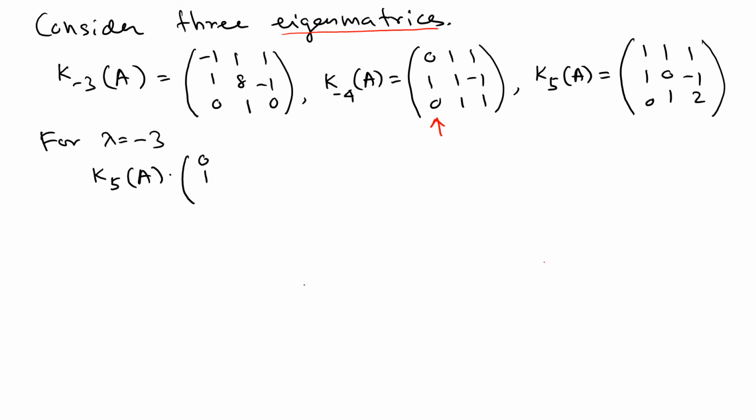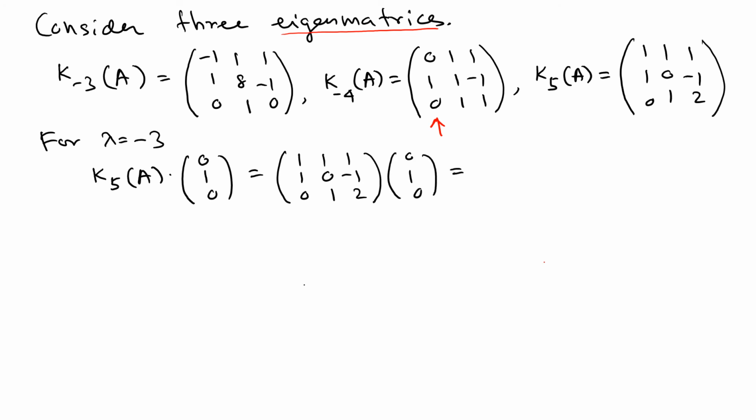So 0, 1, 0. This is the first example. 1, 1, 0, 1, 0, 1, 1, negative 1, 2, times 0, 1, 0.